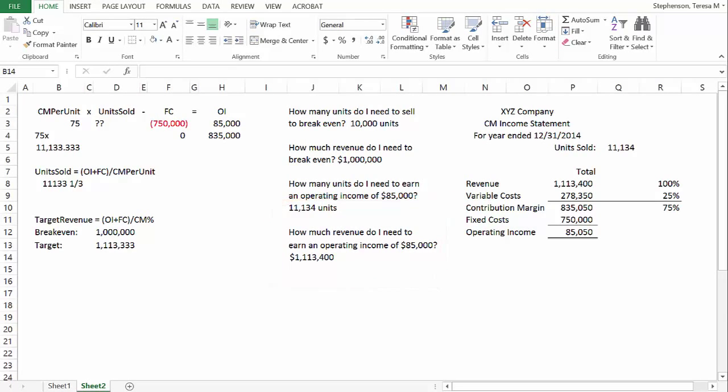So let's go back and see what happens if I change my revenue to 1,113,333. And I've set this formula up to take 25% of it. Our variable costs are 25% of our revenues. And so our contribution margin is $835,000, fixed costs $750,000, and that brings us down to an absolute equal operating income of $85,000.